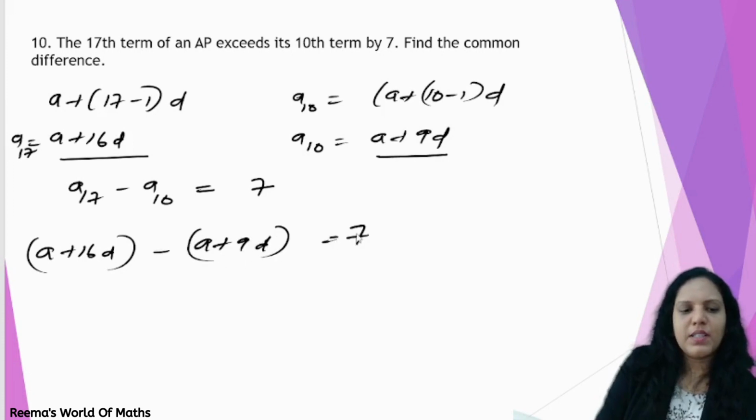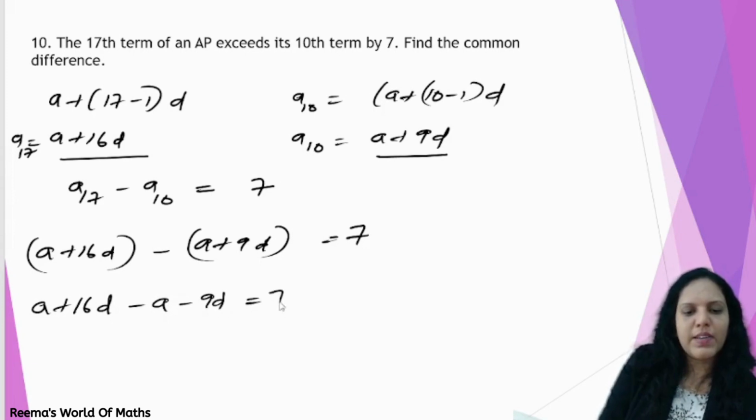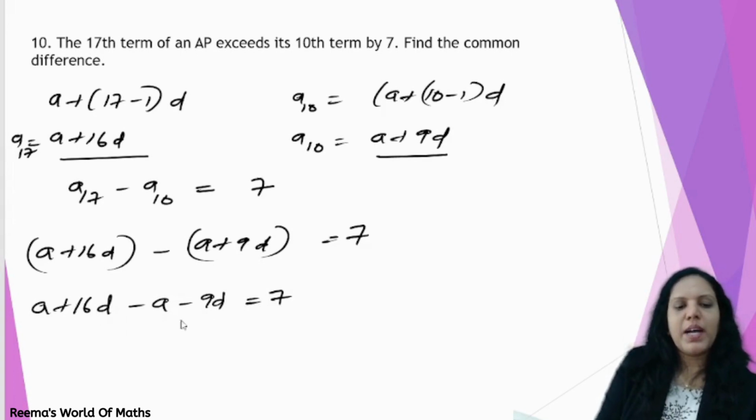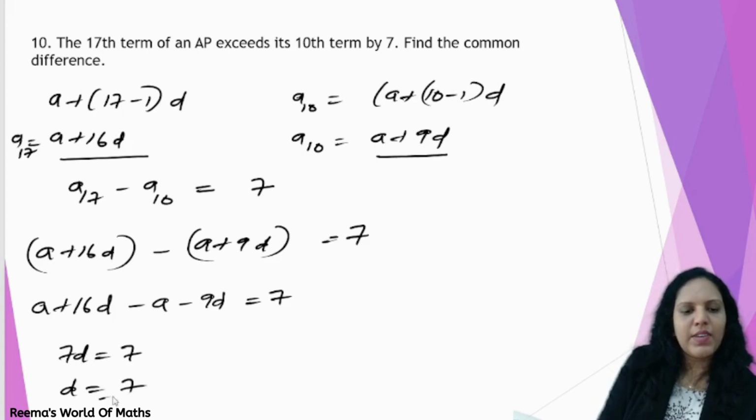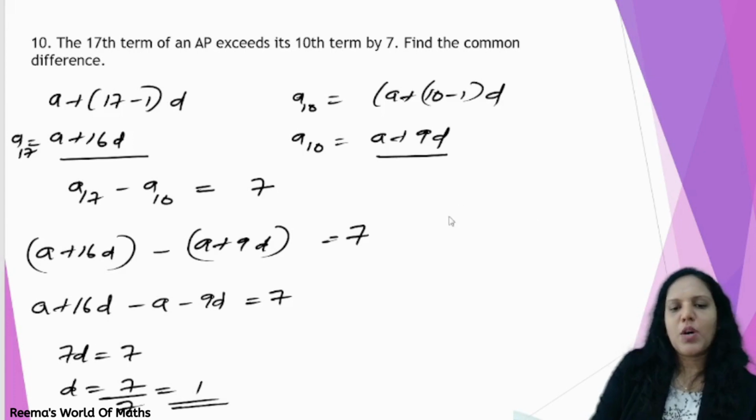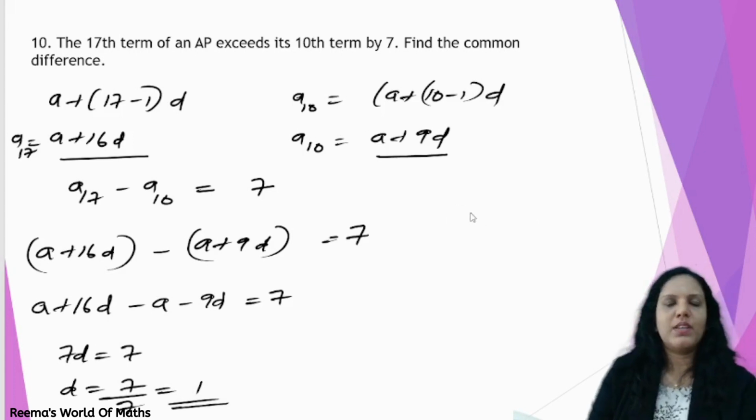So that is A plus 16D minus A minus 9D equals 7. So A minus A is 0. 16D minus 9D is 7D, so that is 7. D equals 7 divided by 7, which equals 1. So we found the common difference. The common difference D equals 1.